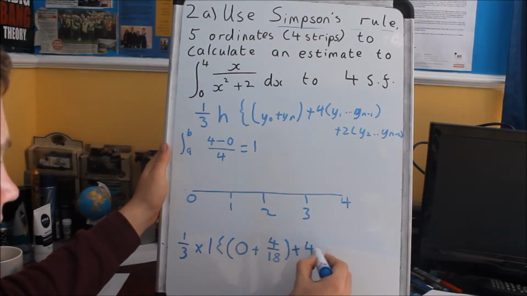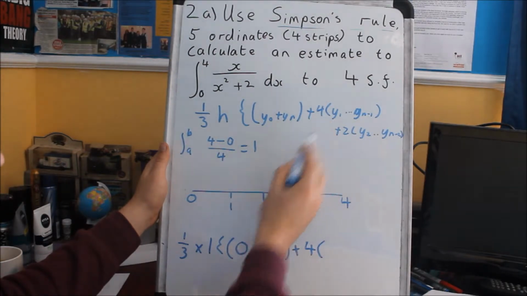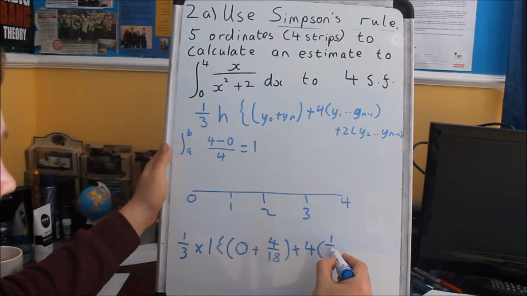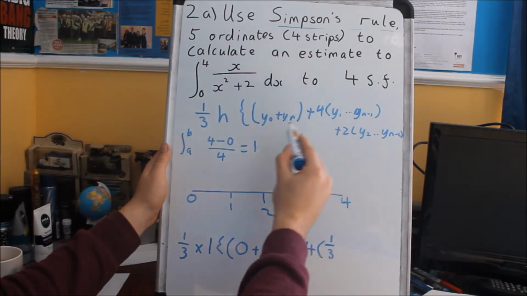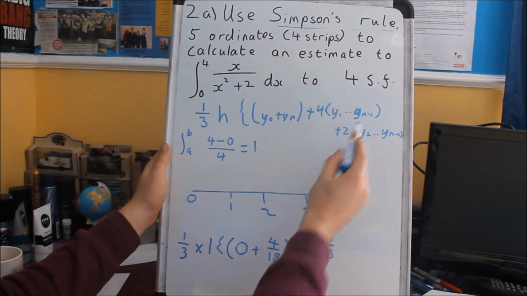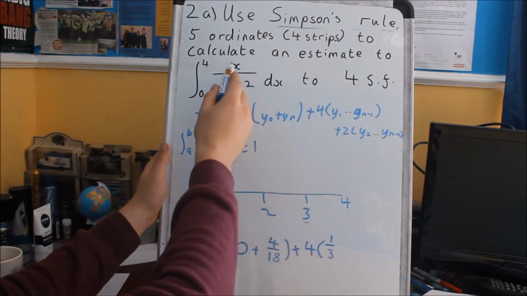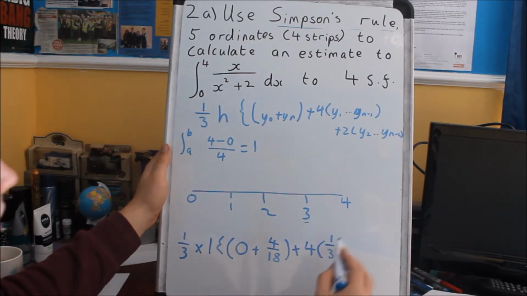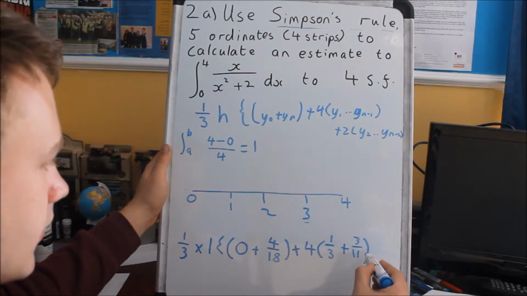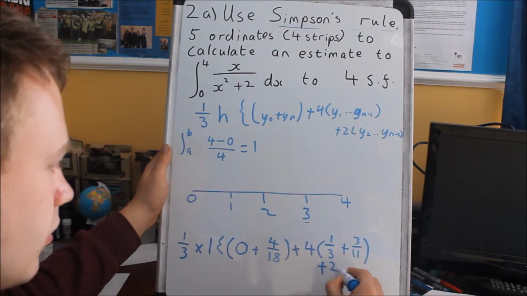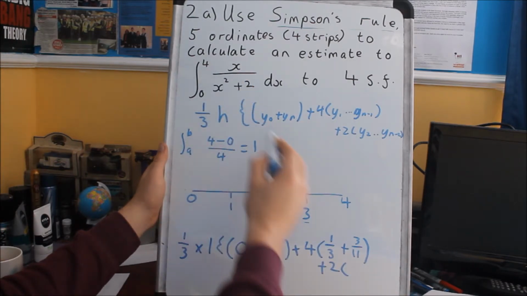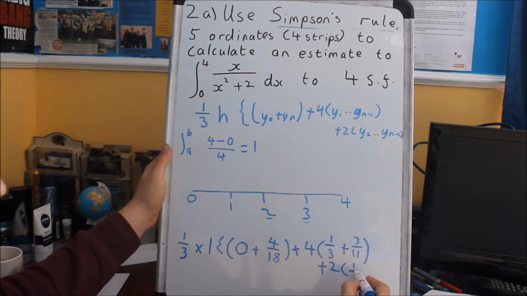Plus 4 lots of y1, in this case is 1, and 1 over 1 squared plus 2 is a third. And then it's not y2 next, because that's in this one, so it'll be y3 to do the next one, which is 3. So 3 over 3 squared plus 2 is 3/11. And then we've got plus 2 lots of, and the only thing left is this 2, and it's 2 over 2 squared plus 2, which is 2 over 6, which is a third.